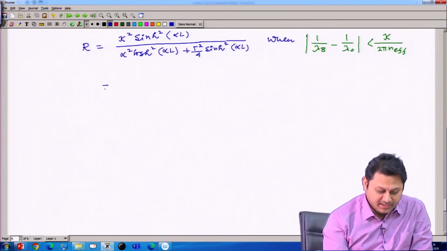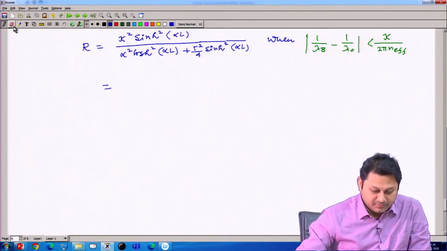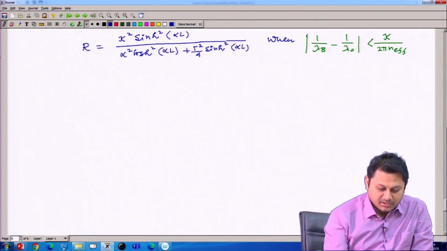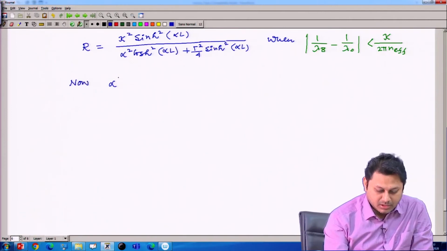But anyway, I can write this reflectivity in another convenient form using the relation we have now. Alpha square is equal to kappa square minus gamma square divided by 4.